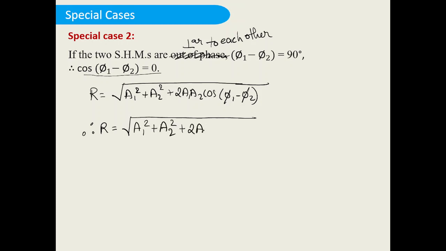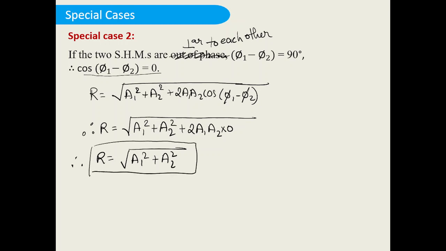This is the formula for resultant amplitude in which the two SHMs are perpendicular to each other.